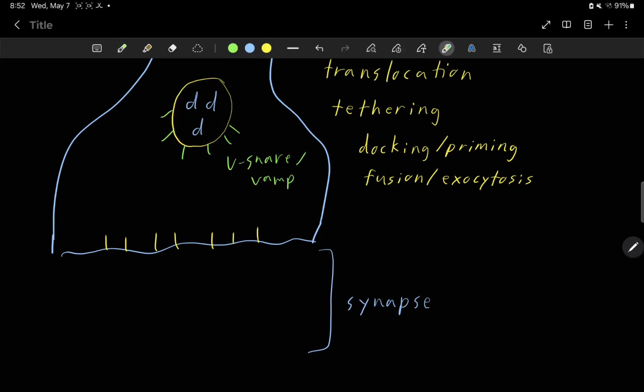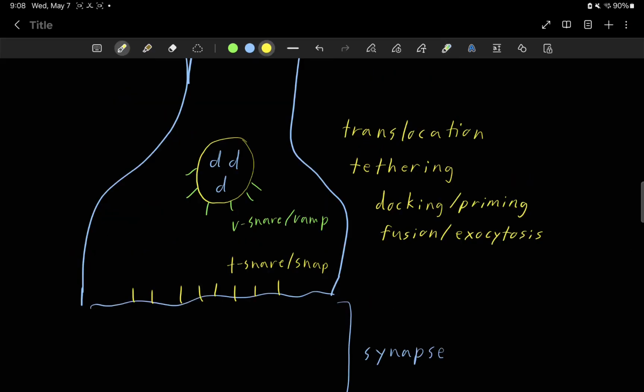And then over here, attached to the membrane of the terminal end of your neuron, you have these other types of proteins, which are called snap/T-snare proteins. And basically, these proteins interact with each other in order to allow for release. Let's take a look at how this works.